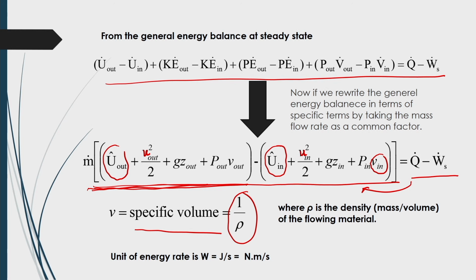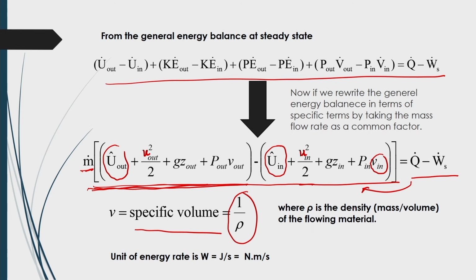Since kinetic energy is defined by half m u square, here m dot is the common factor. So the kinetic energy change will be half into m dot into u out square, and at the inlet similarly half into m dot into u in square, that is the kinetic energy there.